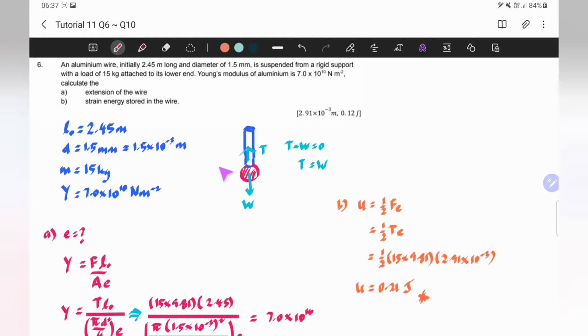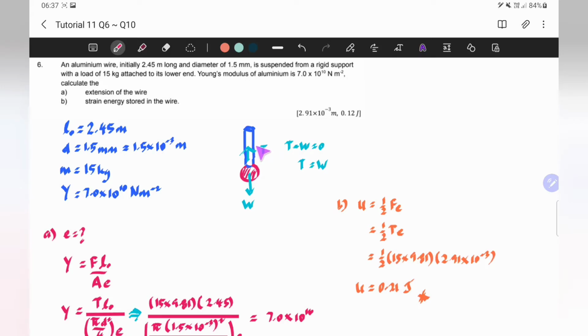Let's have a simple diagram. This is the wire and this is the mass hanging. The force exerted on the wire is the tension, which is caused by the weight, isn't it? So at equilibrium, T minus W equals 0, so T equals W, where T is the force exerted on the wire, which is the tension.